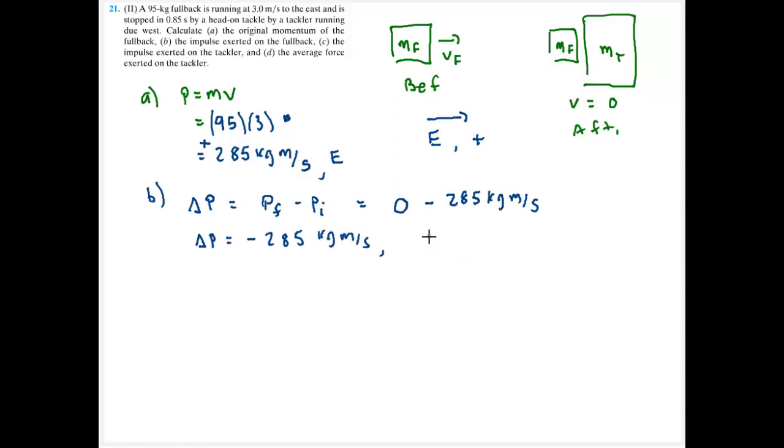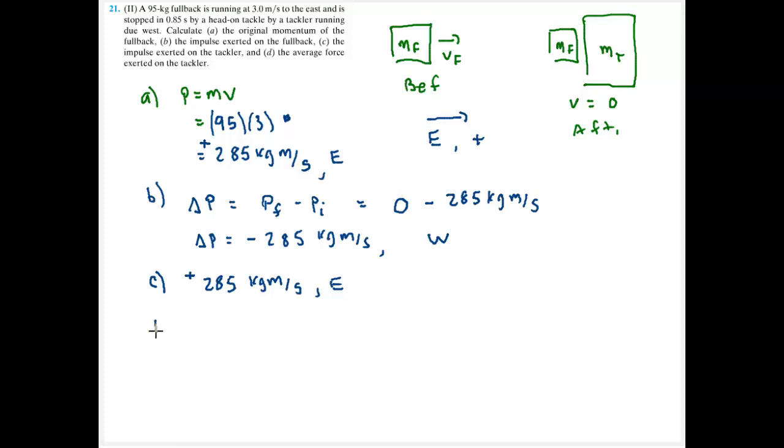The negative means the impulse was to the west. For the tackler, the impulse is going to be also 285 kilograms meters per second. However, it's going to be in the positive direction or towards the east. You can think of this in terms of Newton's third law, where that is an action-reaction pair.